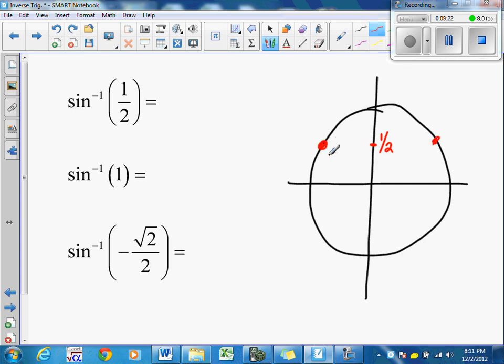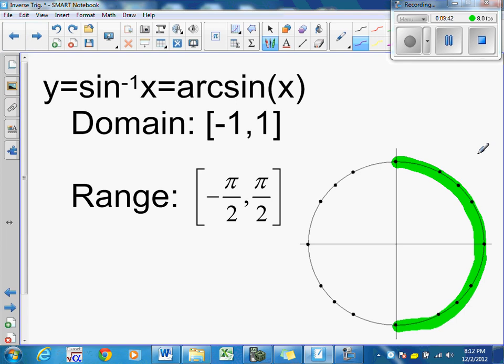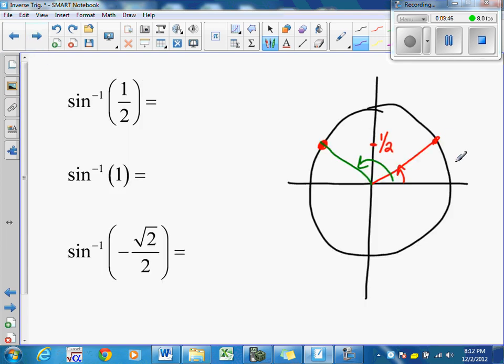Well, I actually have two angles. I have this angle here, but I also have this angle here. Both of those have a y-coordinate of 1/2. How do I know which one is the right answer? We are only over here where the green is. That tells me that this angle is my answer.